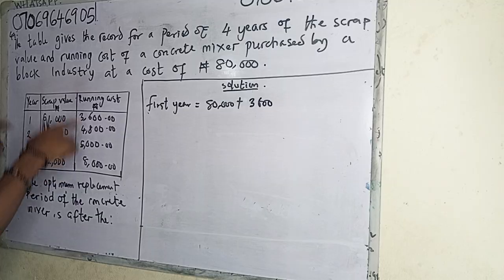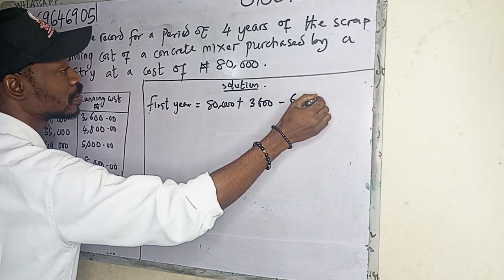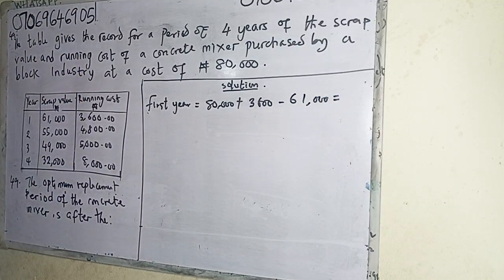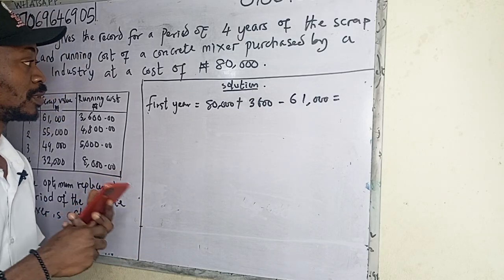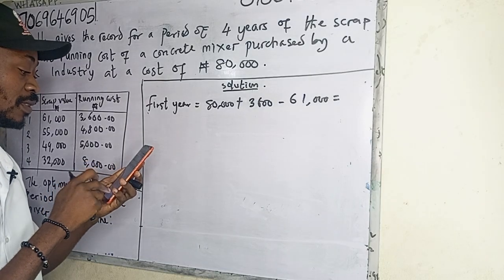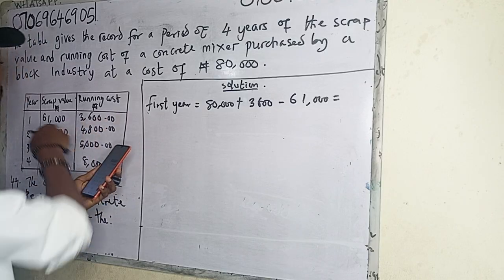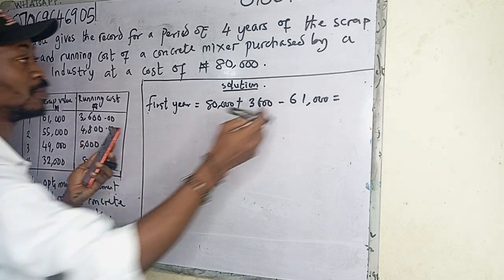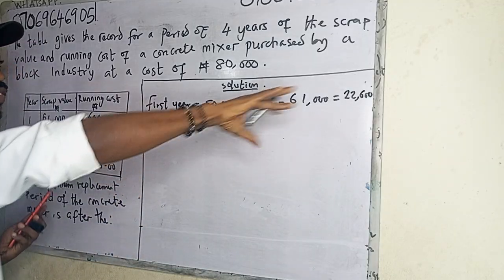Then we remove the scrap value from it, which is 61,000. That's 80,000 plus 3,600 minus 61,000, which is 22,600 naira. So that's the total cost for the first year.